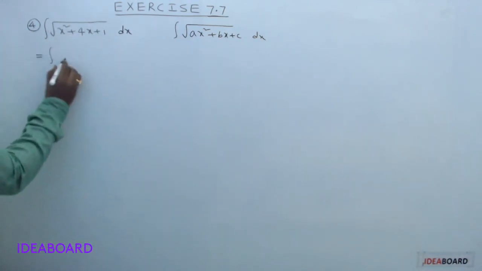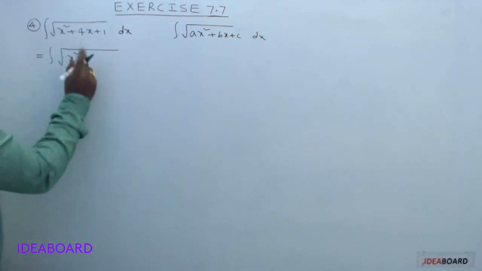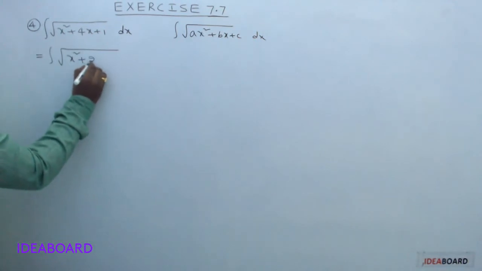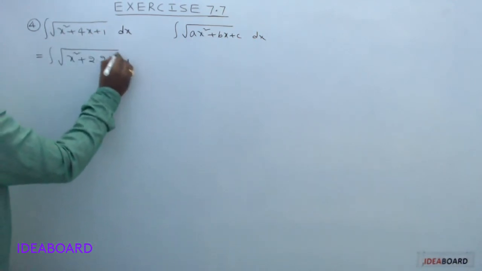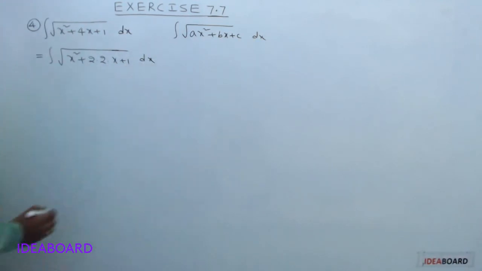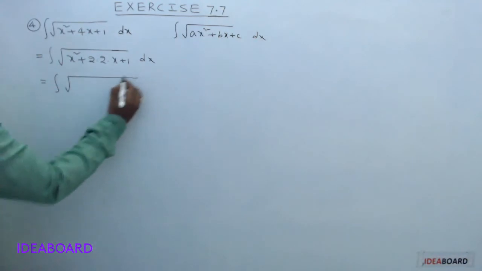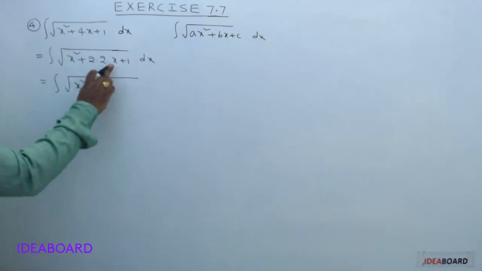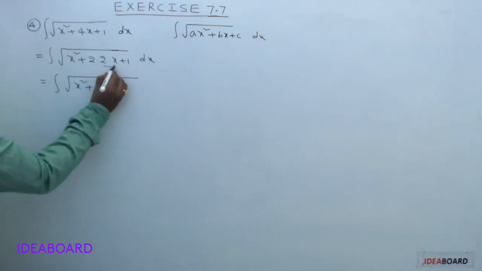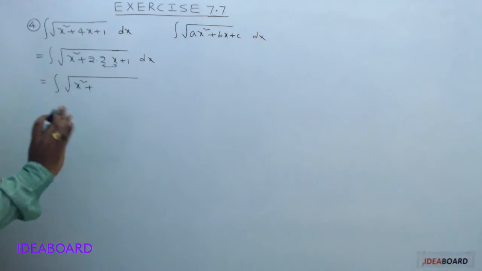It is integral square root of x square plus 4 can be taken as 2 into 2 into x plus 1 dx. Now it is integral square root of x square plus, here if you interchange this x and 2, then value of this term does not change.